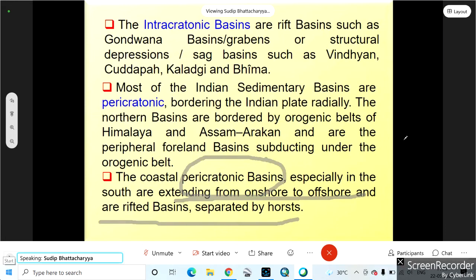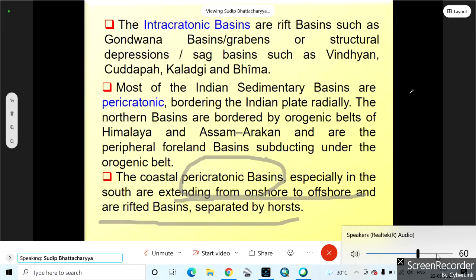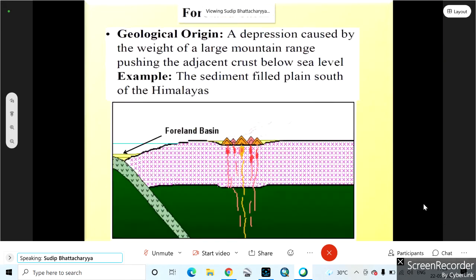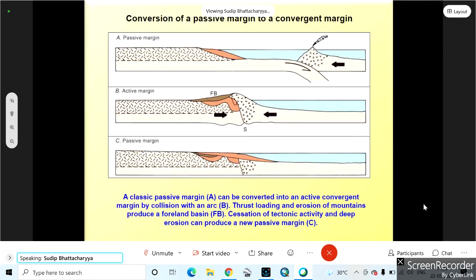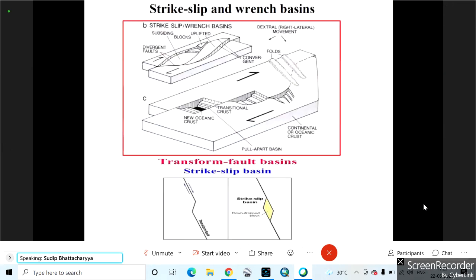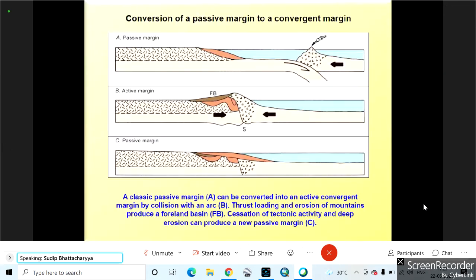Now, you can tell me what type of basins these pericratonic basins should be. They border the Indian plate from onshore to offshore. That means, as I told you earlier, they are a passive margin.